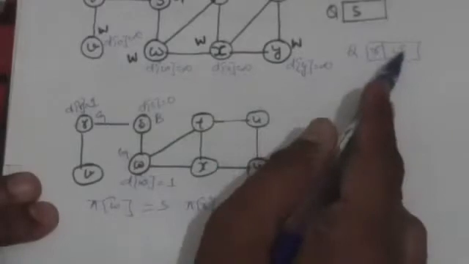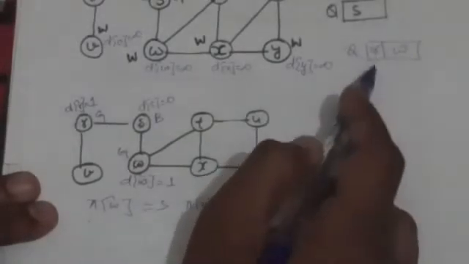Now, the Q is not empty, so we have to repeat this procedure again.